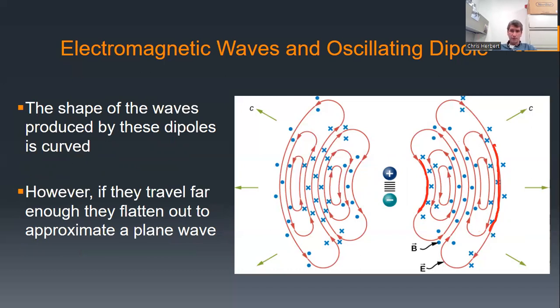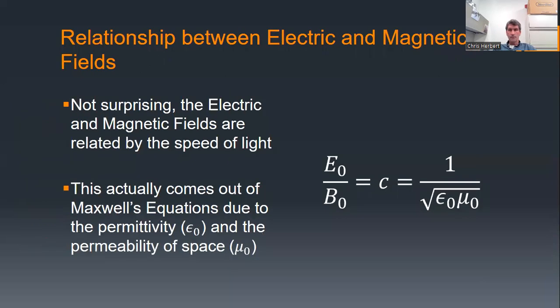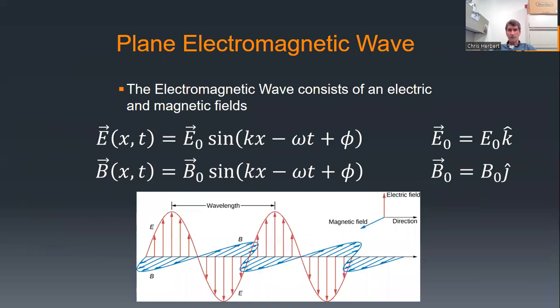As we get further and further from our source, whether it's an antenna, an atom, a molecule, or a nucleus, the wave fronts are more plane-like, and they go more to this form that we see right here.